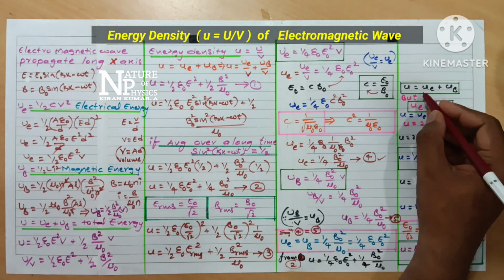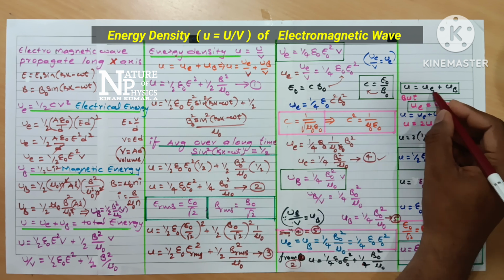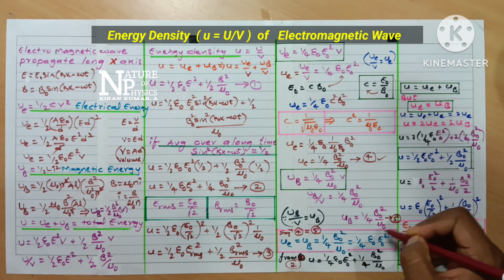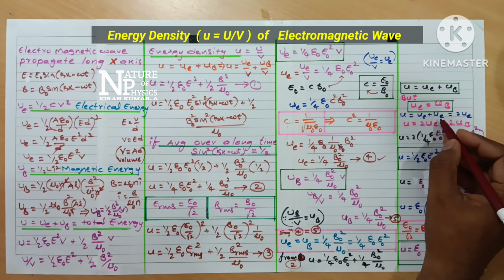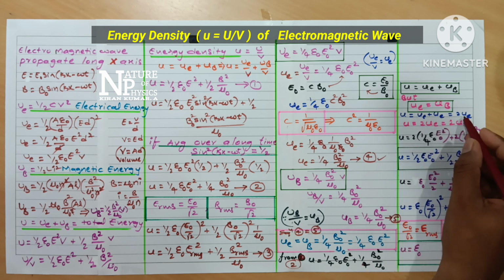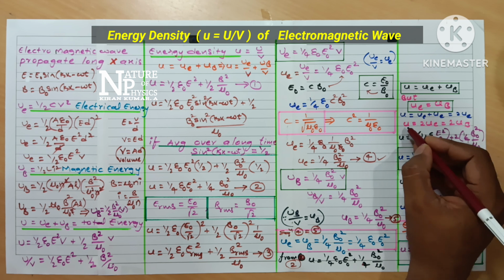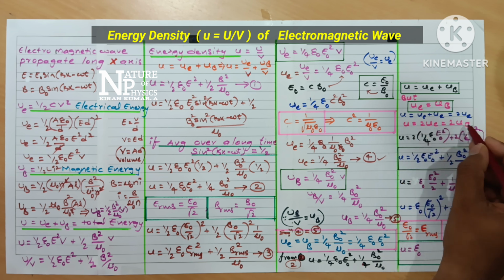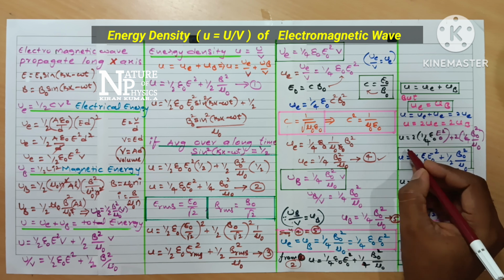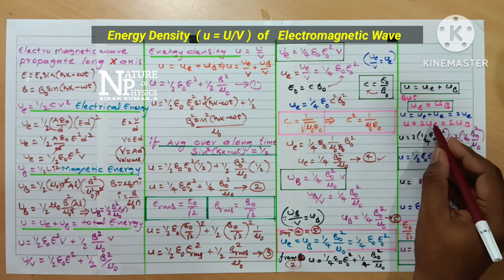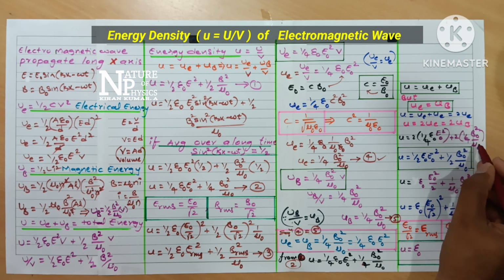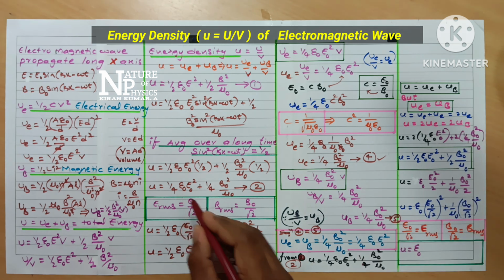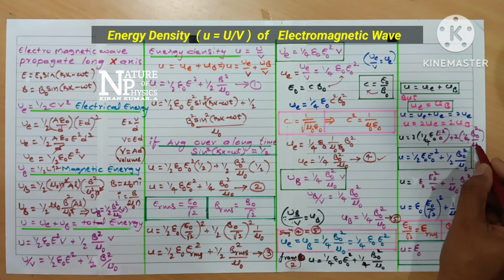This is U is equal to UE plus UB, student, but we got from equations 4 and 5 that UE is equal to UB, that is 2UE, or 2UB, student. So U is equal to 2 into the UE value and UB value, replacing from these equations clearly.